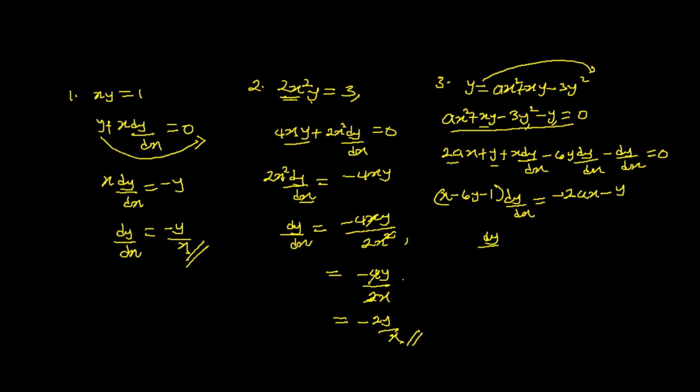So dy/dx is going to be equal to minus 2ax plus y, we factorize minus outside, all divided by x minus 6y minus 1. That means we take this one as the denominator and divide the outside by this. So this is your dy/dx.